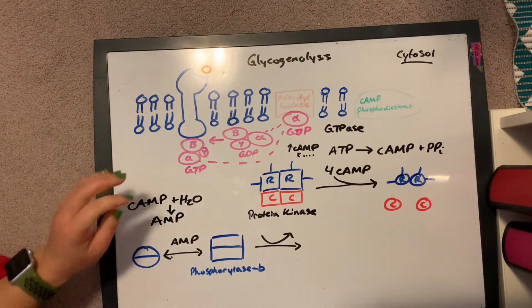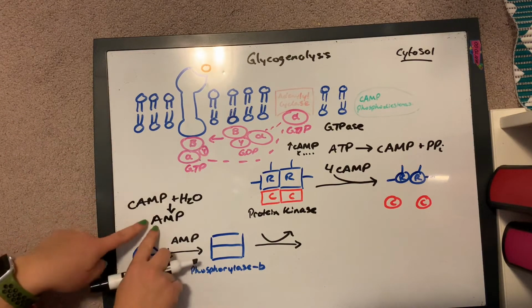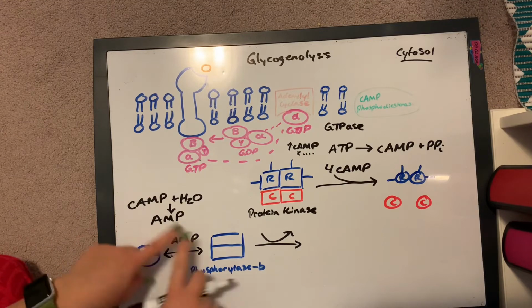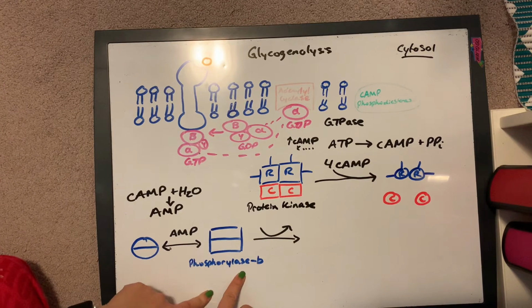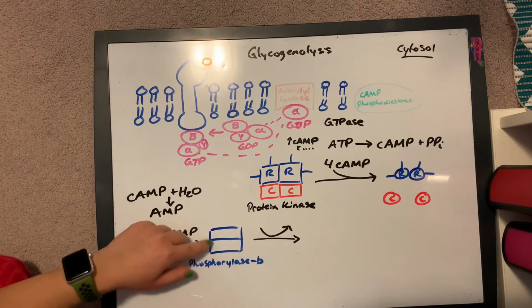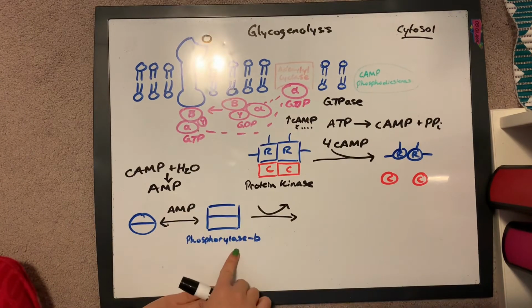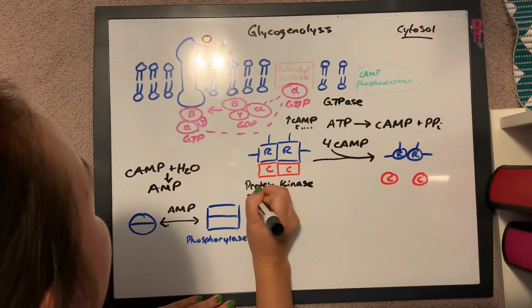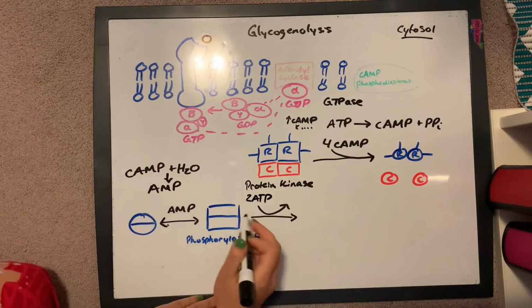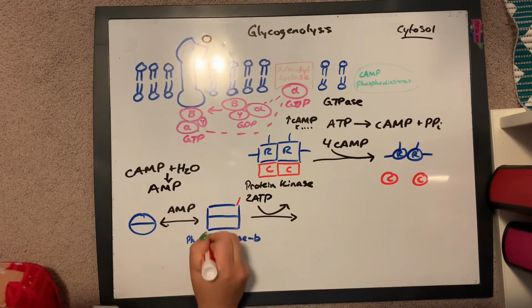Okay, so on to our next step of the amplification cascade. We will use this AMP basically to reset our reaction of phosphorylase. Phosphorylase has phosphorylase B, which is the inactive state, and phosphorylase A, which is the active state. As you can see, phosphorylase B is a dimer because it has 2 different subunits. You need to keep that in mind for this reaction. Phosphorylase B can be covalently modified using 2 ATPs so that we can add 2 phosphates onto this little dude.